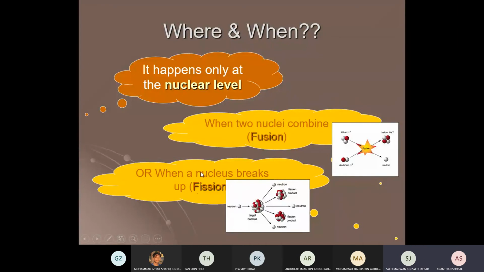Fission comes out with a lot of radiation, so fission is very dangerous. Another is that fusion seems to give more energy compared to fission. So that's why scientists want to go for fusion. The main reason is the product is less dangerous compared to fission.